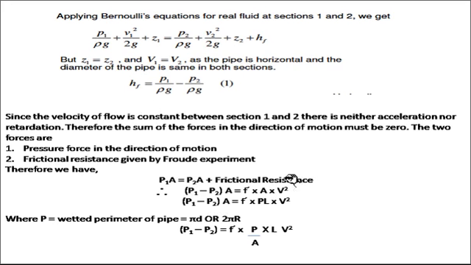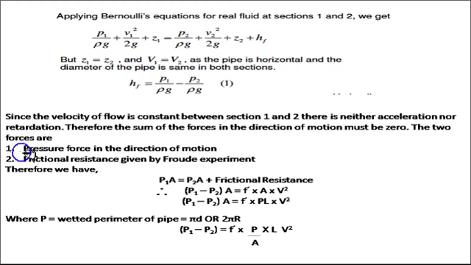Now, as the velocity is constant throughout this section, there is no acceleration or retardation. Therefore, the sum of the forces in the direction of motion must be equal to 0. This fluid element between section 1 and section 2 is subjected to forces.